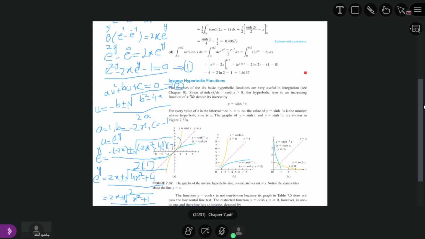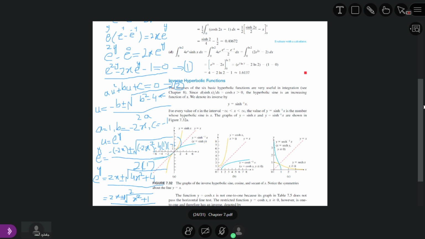So if we have the quadratic equation in terms of u, we get this solution according to the quadratic formula. What is the quadratic formula? u is equal to minus b plus minus square root of b square minus 4ac, divided by 2a. Now we compare this with the second. What do we get?